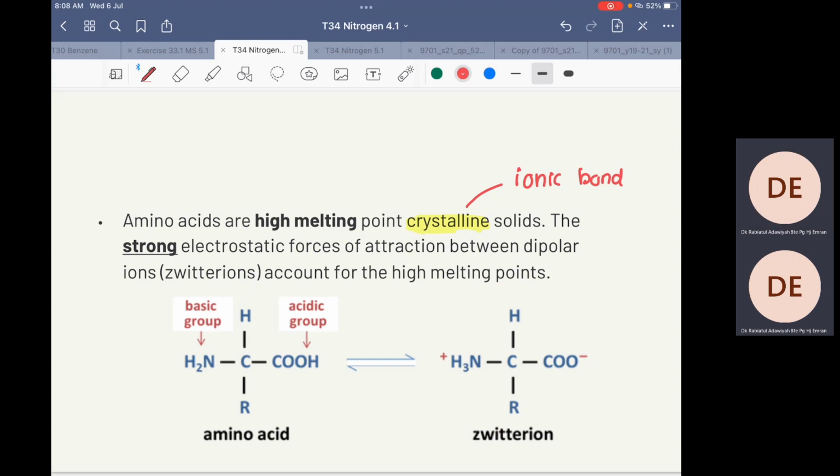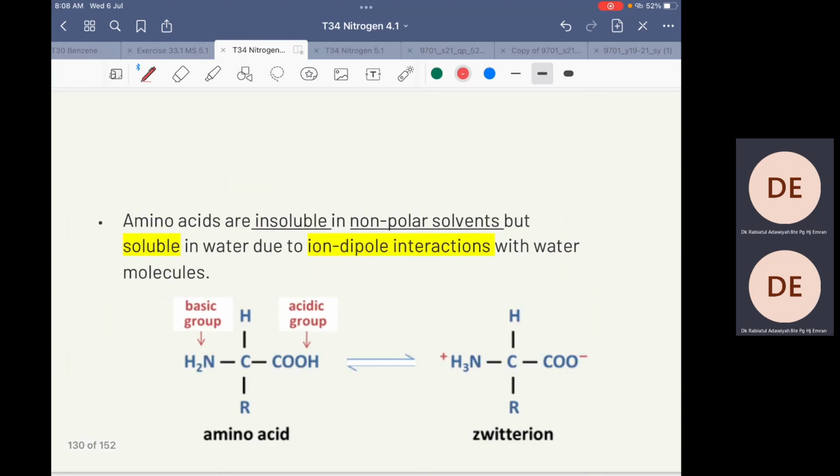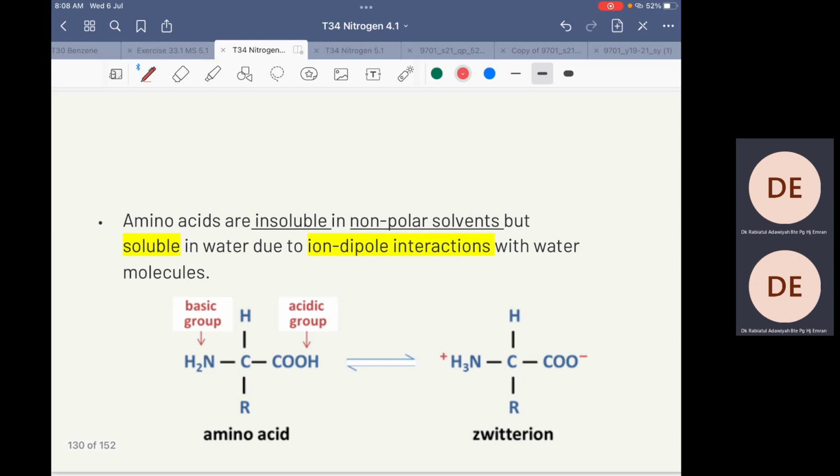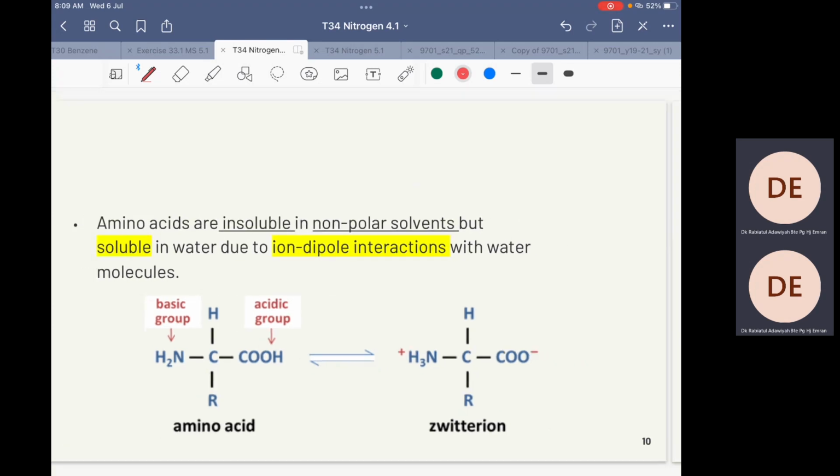In terms of solubility, amino acids are insoluble in nonpolar solvents but soluble in water. Same thing, because water is a polar molecule, zwitterion is also a polar molecule. So the interaction that it has with water is called ion dipole interactions. Why do we have these ion dipole interactions?